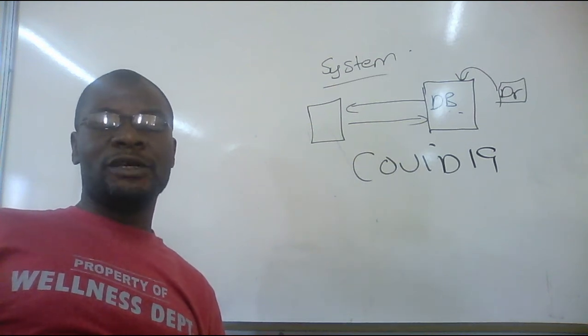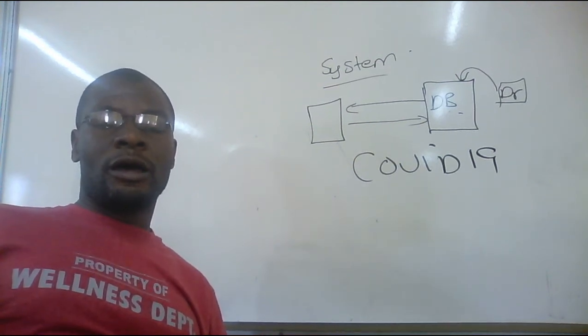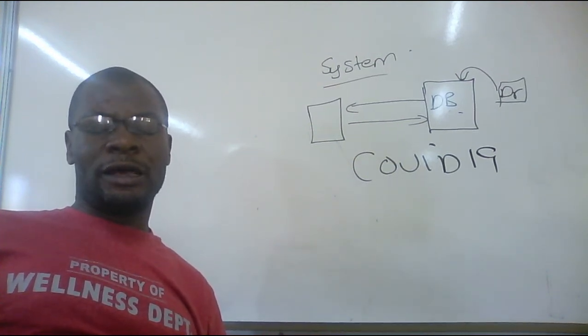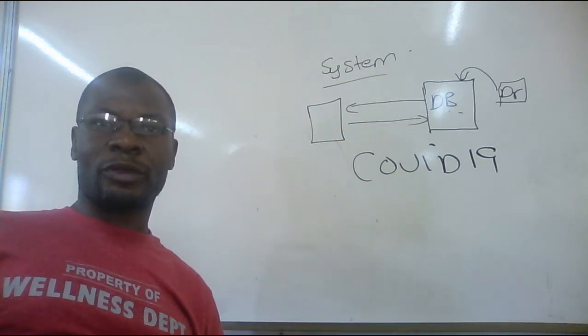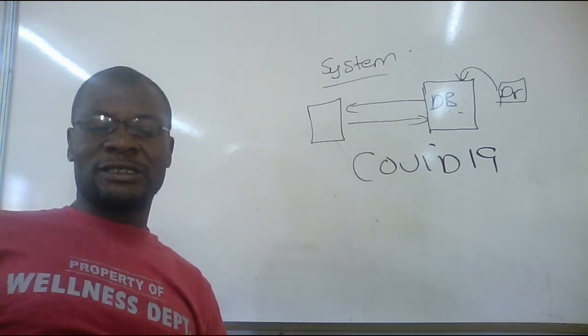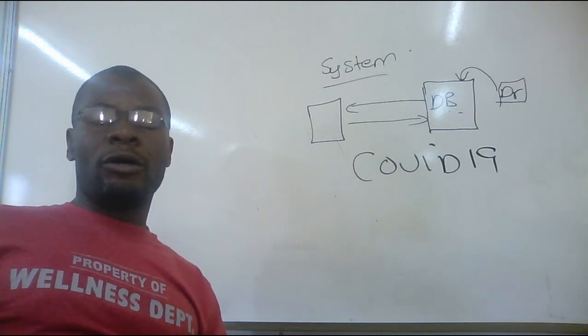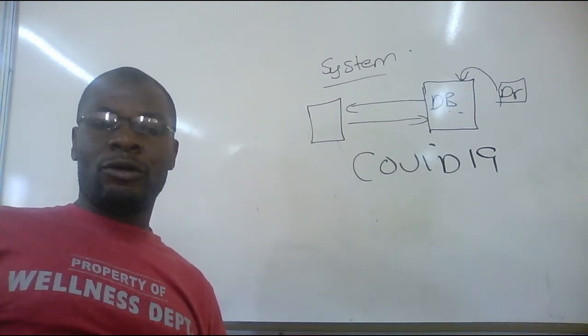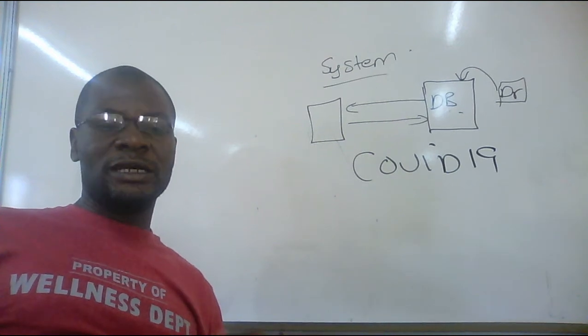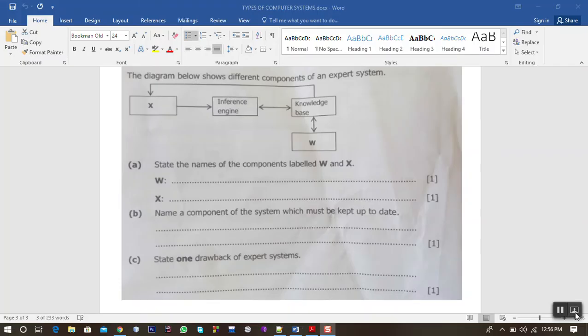We were doing database administration in class, which I think was the last topic we discussed before we started expert systems. In that database work, one of the jobs is to update the database. And one thing that's supposed to be updated in an expert system is basically what we're calling the knowledge base.